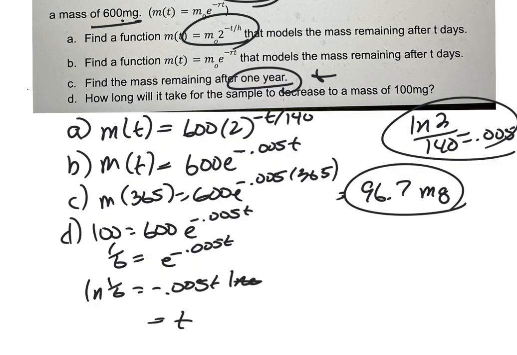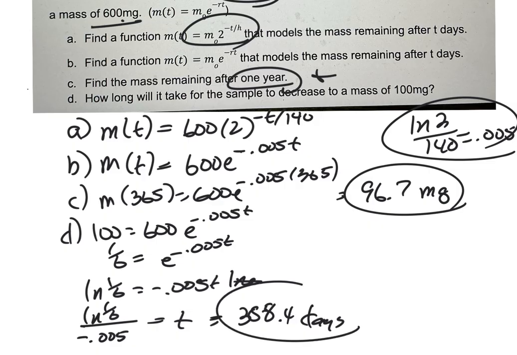So my answer is going to be whatever natural log of 1/6 over negative 0.005 is. I'm getting 358.4. What are we talking about here, days? Yep, days. Almost 359 days.